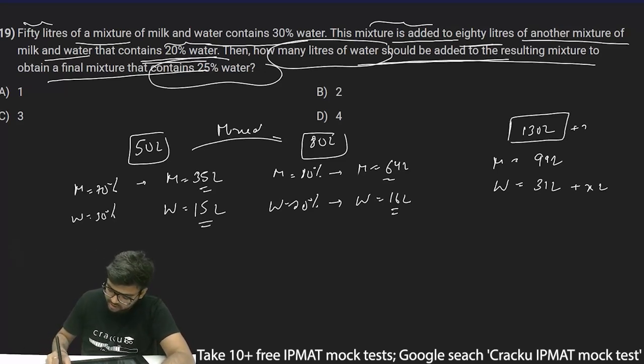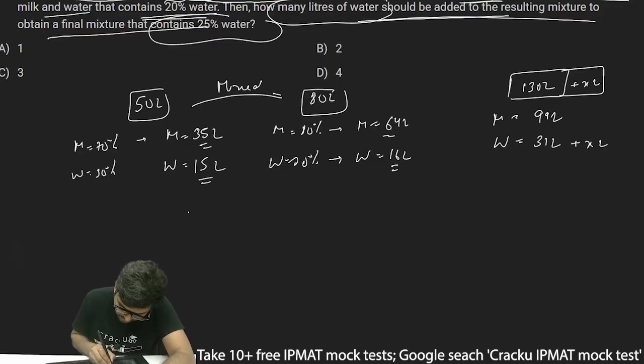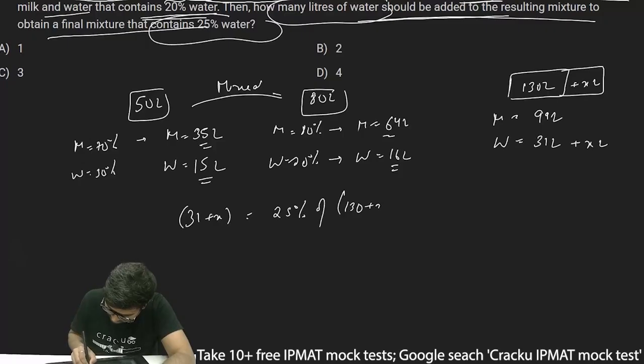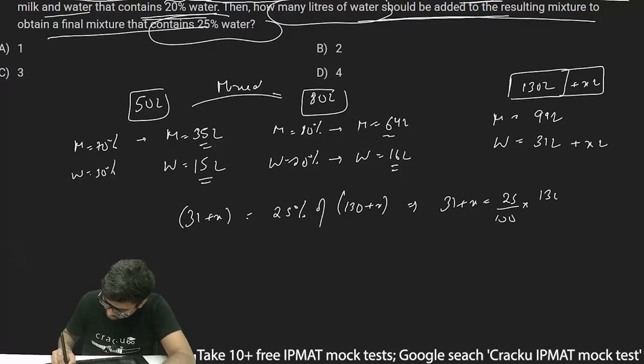So now the total quantity will become 130 plus x. Now the water, which is 31 plus x, should be 25% of 130 plus x. So I'll write 31 plus x should be equal to 25 upon 100 into 130 plus x.